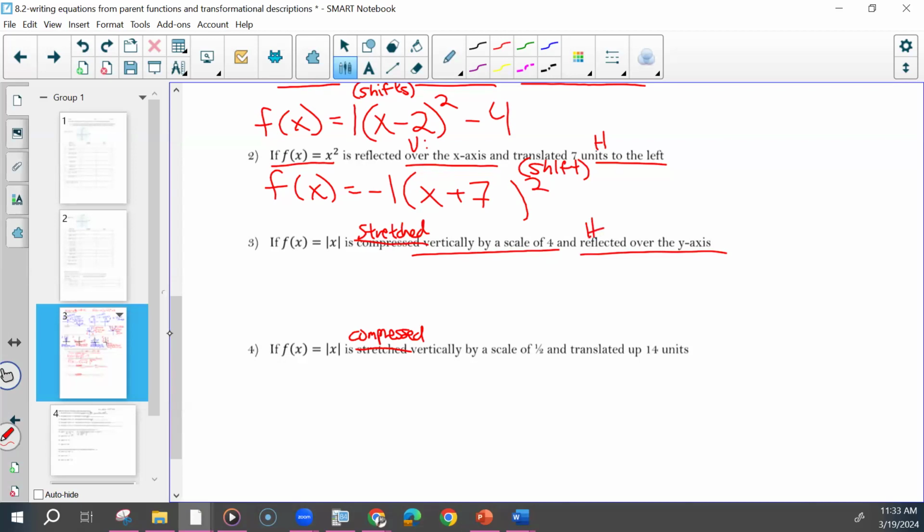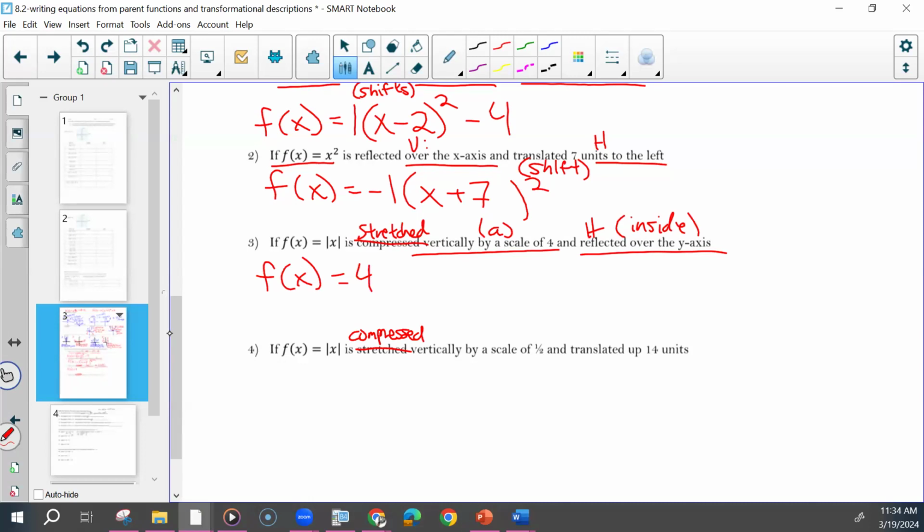So then if it's stretched vertically, that's gonna be on the outside, that's gonna be your A value. And then we're gonna have a negative in there somewhere, but because it's horizontal, that's gonna be on the inside. All of your horizontal things go on the inside. So we have f of x equals our A value, which they tell us is 4.